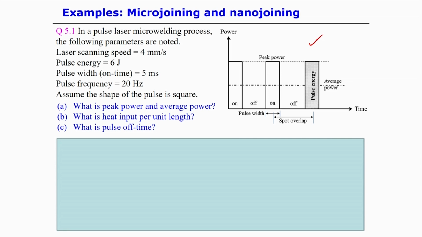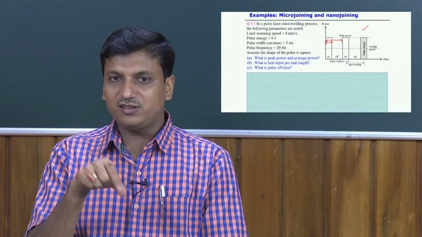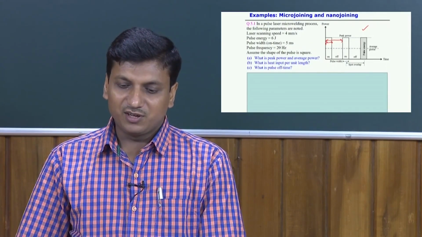The pulse on time is the duration of the pulse, and this is the complete one cycle time. Over the cycle time, the initial time is called the pulse on time, and the remaining time is the pulse off time. That completes the one cycle time.